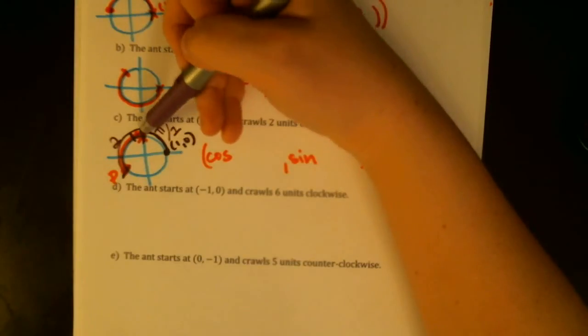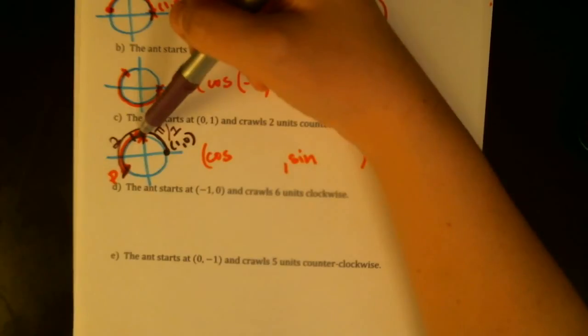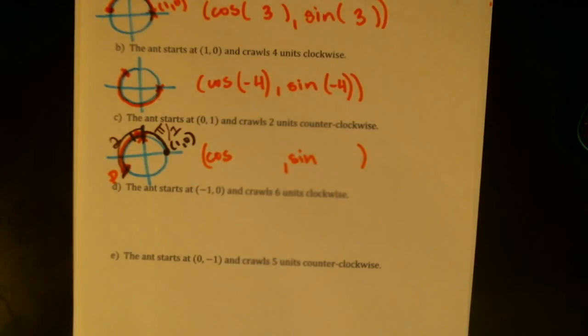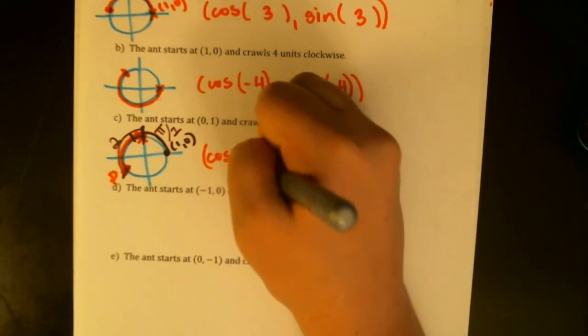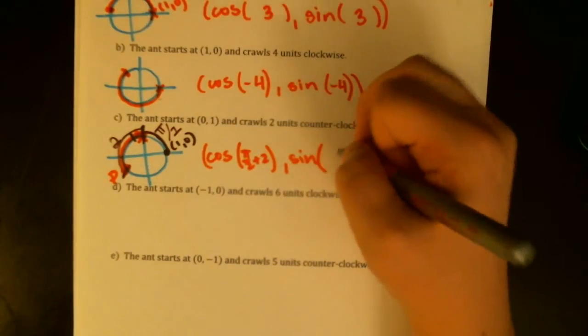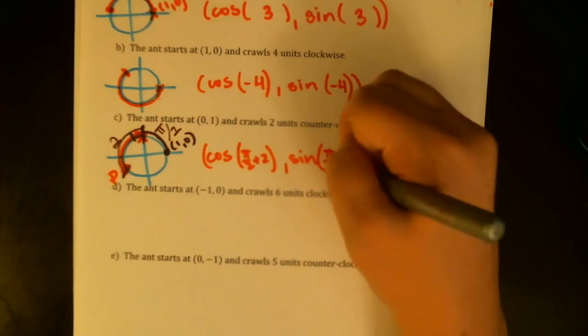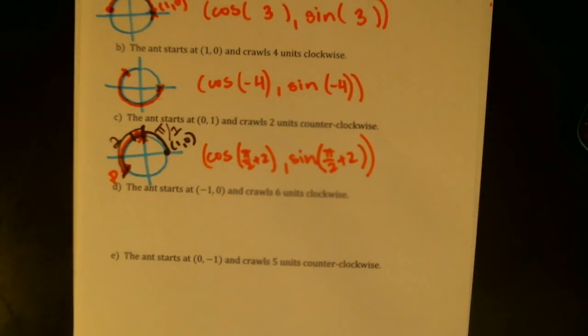So I've gone pi over 2 plus 2 units from the starting point that sine and cosine want. So we need to tell cosine that we're pi over 2 plus 2 from the starting position, and we need to tell sine that we're pi over 2 plus 2 from the starting position. So again, what's a little confusing to people, I think, is that the ant's starting position is not (1, 0), but sine and cosine always assume that you're starting from (1, 0).